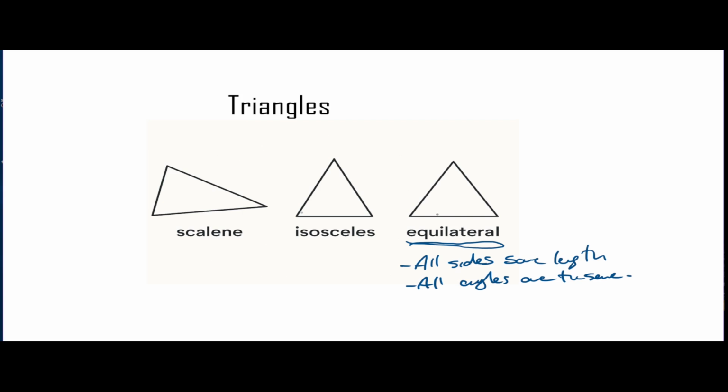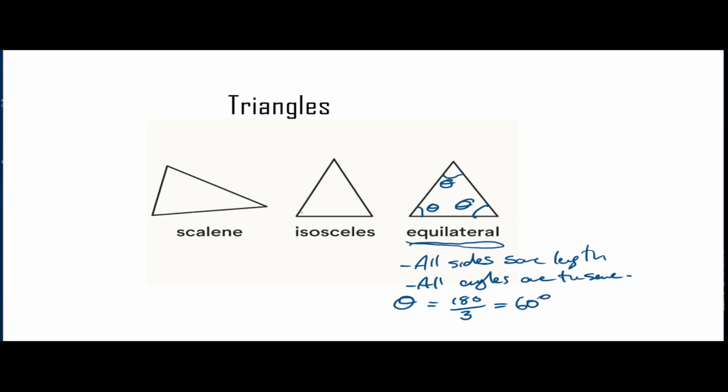Okay, and if all of the angles in a triangle, and all triangles add up to 180 degrees, this theta and this theta and this theta are the same, so this theta there must be 180 degrees divided by 3, which is 60 degrees.